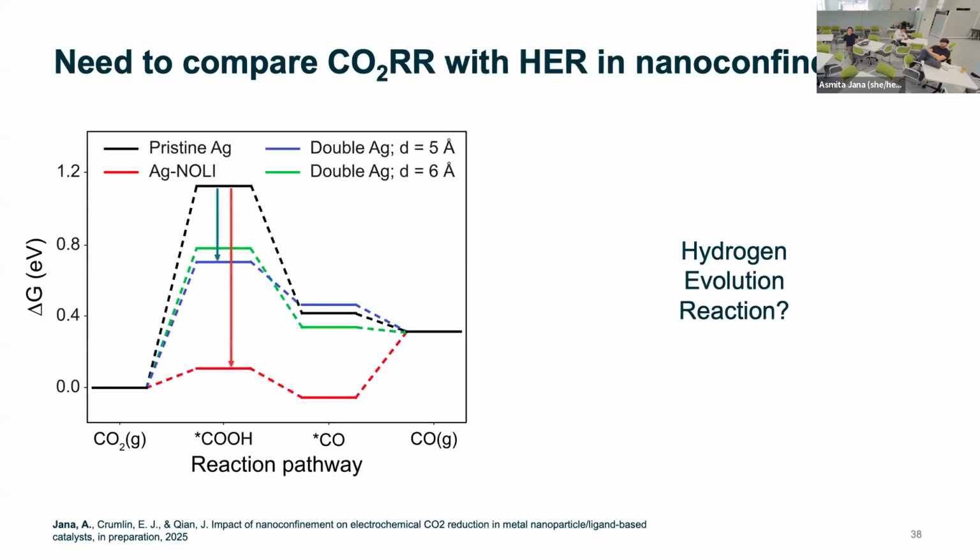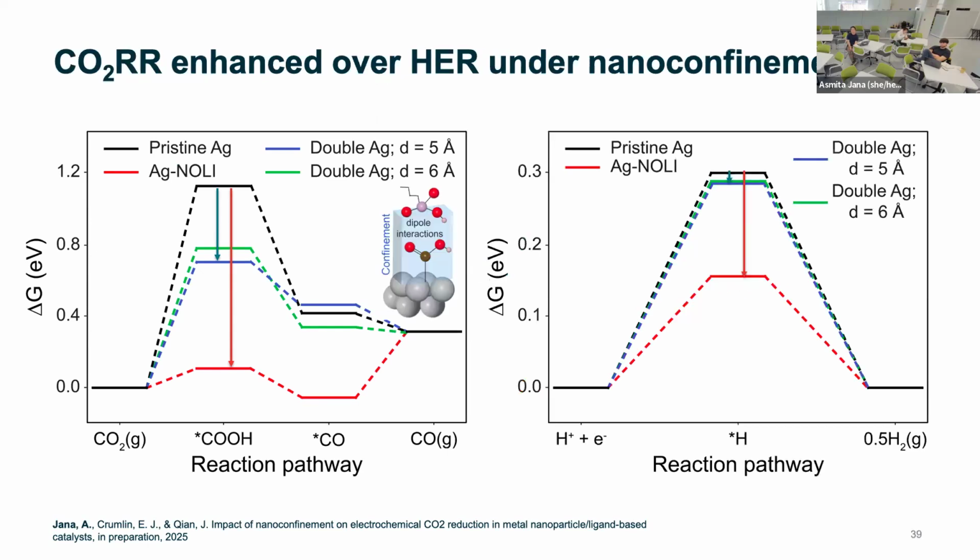For this to happen, we need to plot the hydrogen evolution reaction as well, and show that even though confinement stabilizes the absorbed hydrogen, which depicts the rate determining step in the HER, and the overall reaction gets enhanced, the stabilization is much lower compared to the CO₂ reduction reaction.